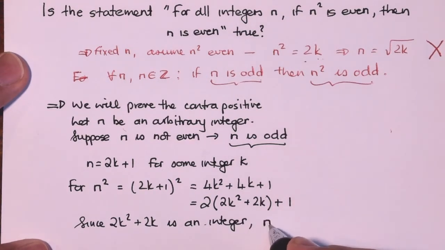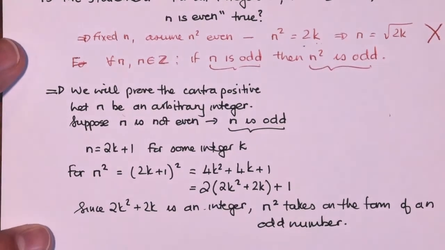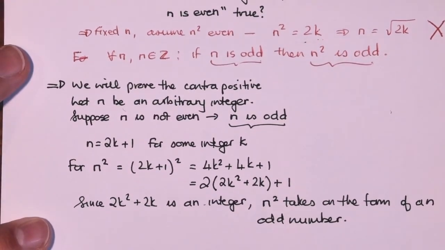Well, n squared takes on the form of an odd number. Okay, now once we've done that, we can therefore conclude, therefore n squared is indeed odd.